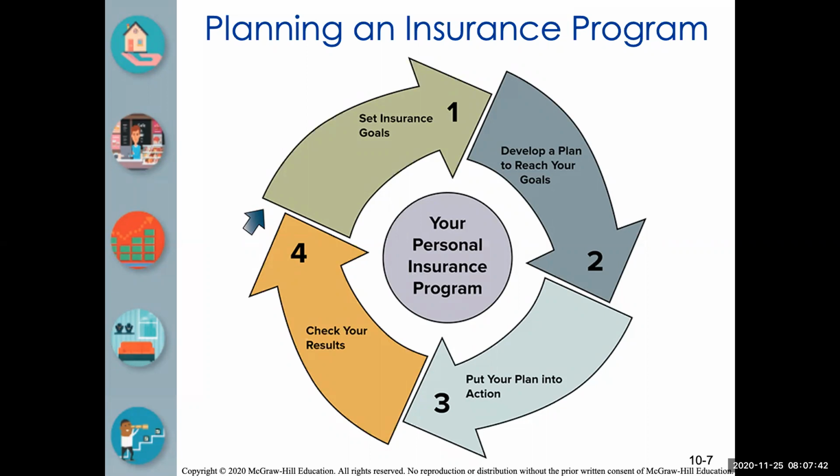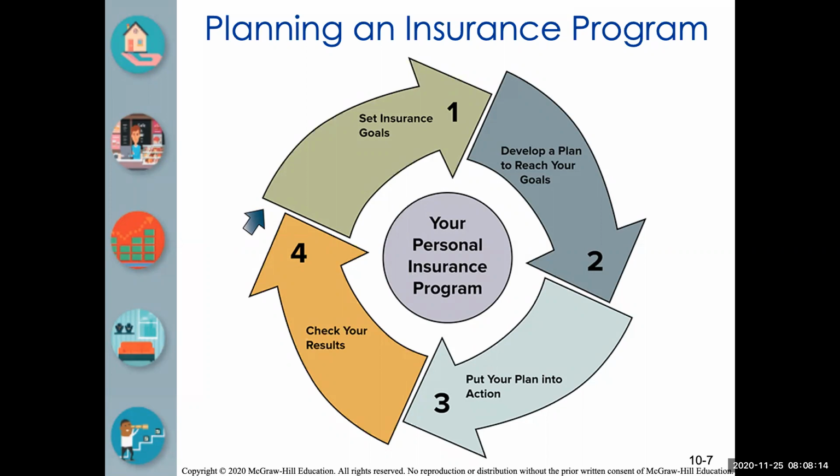So when you set your insurance goals, you don't need to over-insure, but you also don't want to under-insure either. So you've got to set your goals. And then we develop the plan as to how we go about reaching those goals. We're going to get quotes from different insurance companies to find out what the deductibles are going to be, what the premiums are going to look like, how much money these policies are going to cost me.